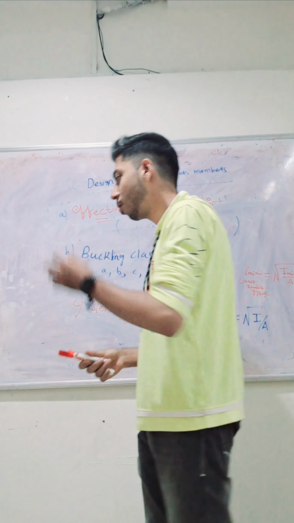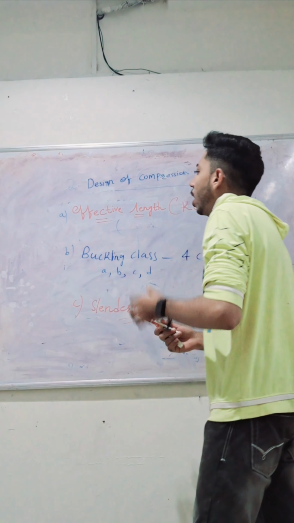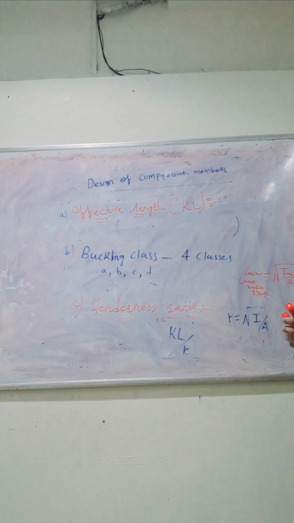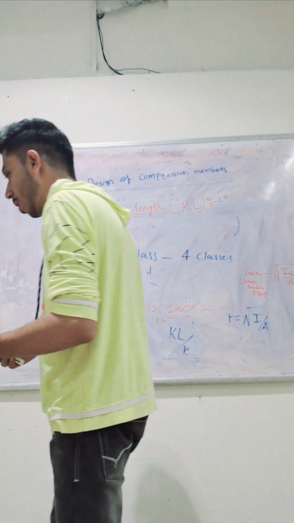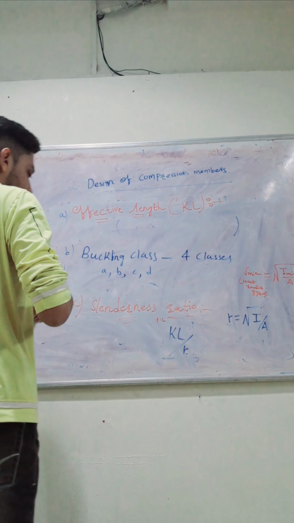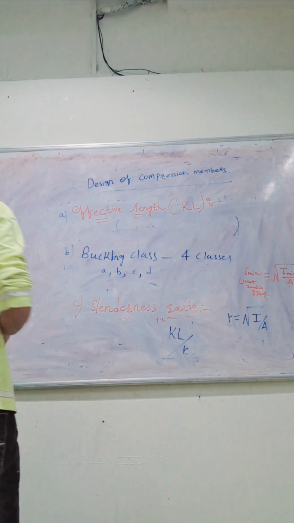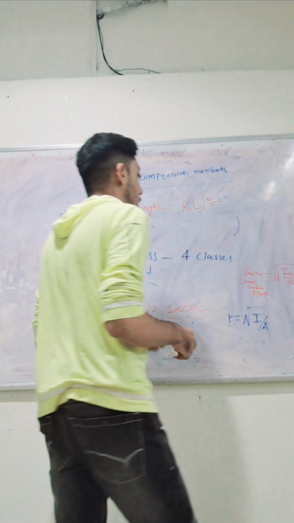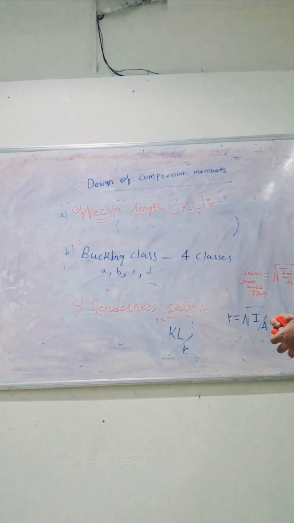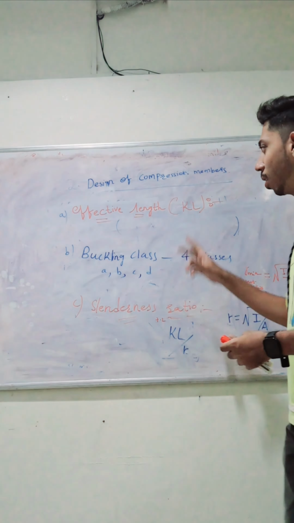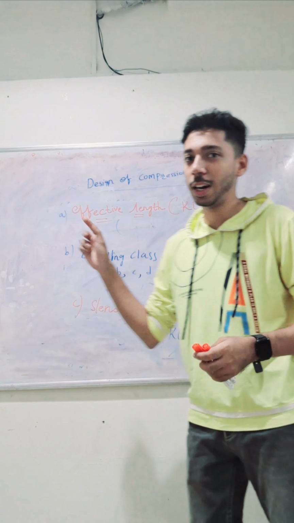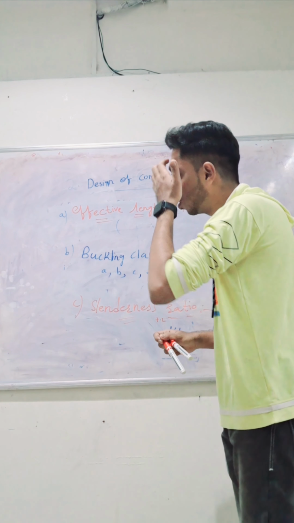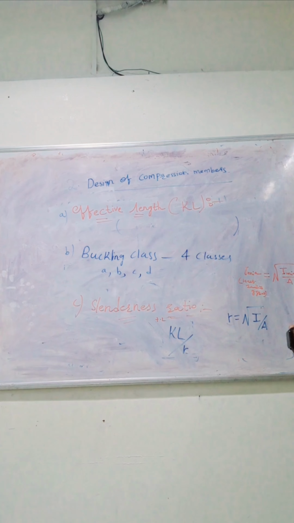How do we consider the effective length? Effective length is considered as per IS 800 2007, from table number 7. Next we see the effective length of the column while designing the compression member.